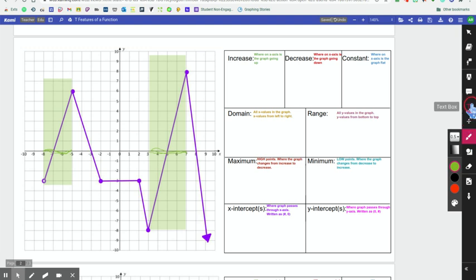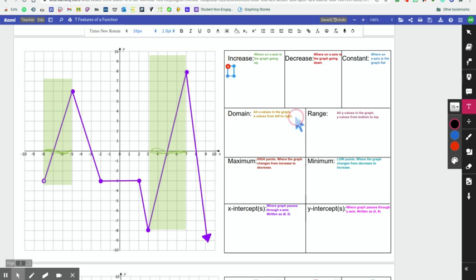When I write this out, we said -8 to -5, so we have to write this as parentheses -8, comma, to -5. That is how we write it. And then like Ariely said, the second one is from 3 to 7, so when we write that out, parentheses 3 to 7. Okay?